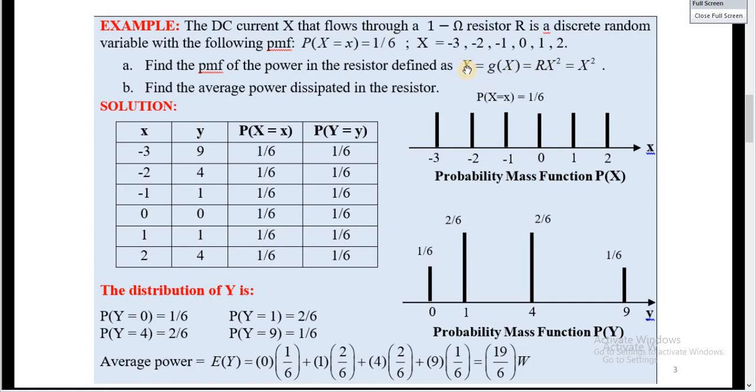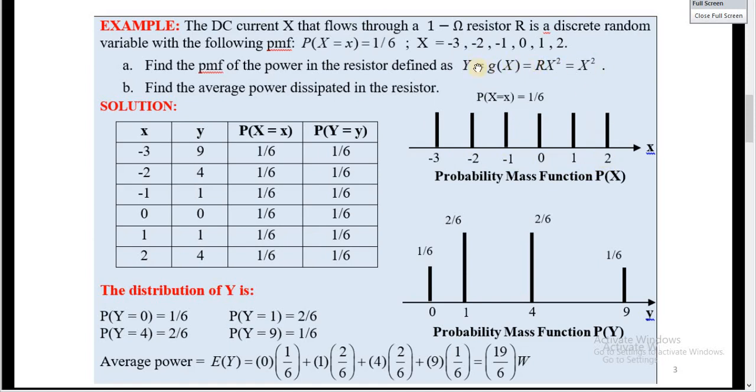So the power that is dissipated in the resistance R equal x square. So Y is the power in units of watt, and X is the current. X takes on these discrete values, -1, 0, 1, and 2.